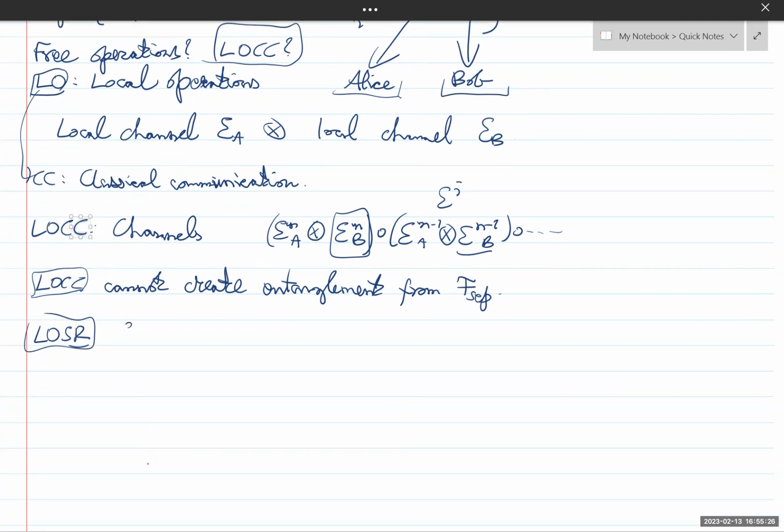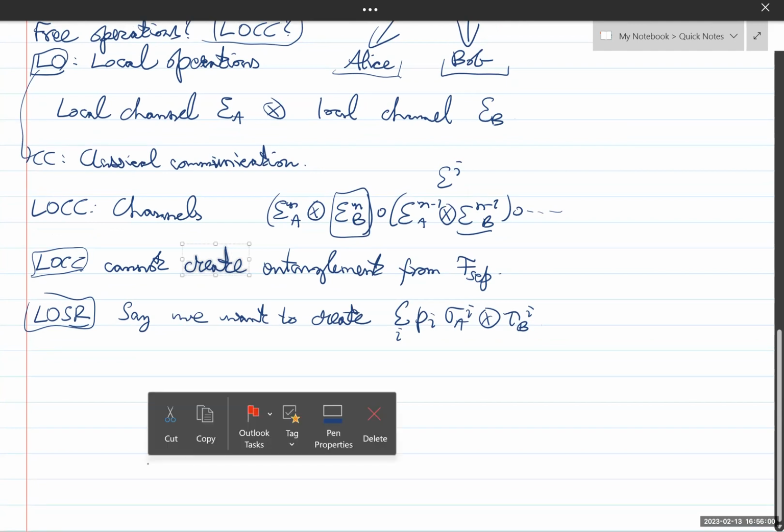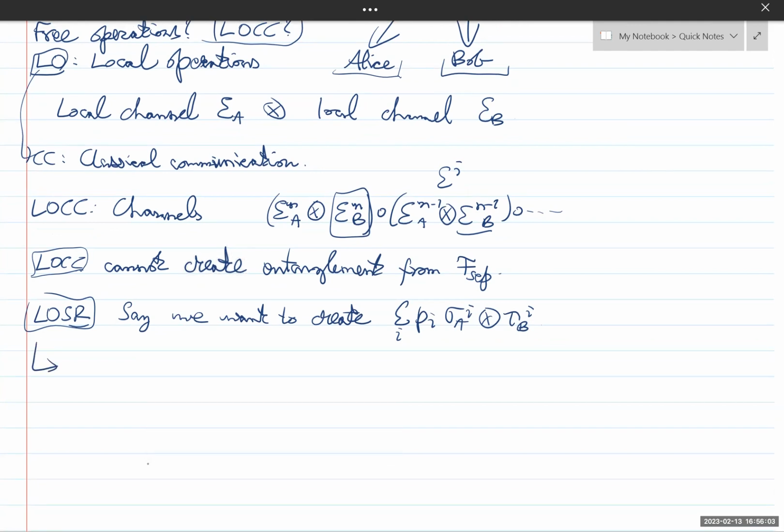Let's try that. So say we want to create a state of the form sigma_i on A tensor tau_i on B. So under LOSR we can assume that Alice and Bob pre-share classical randomness, right?